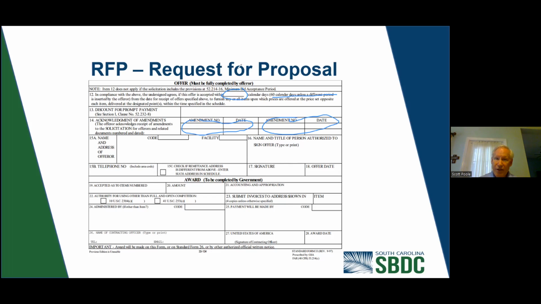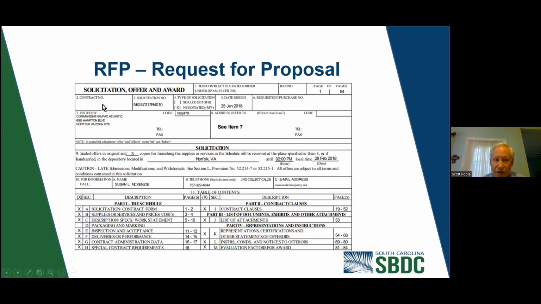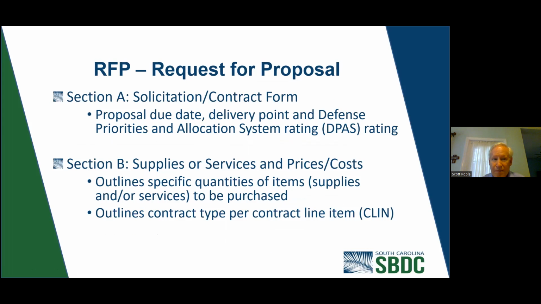If you do win this award, the government comes back with this section right here, and then you'll have a contract. This contract will change a little bit, and you'll see a contract number in this section now.